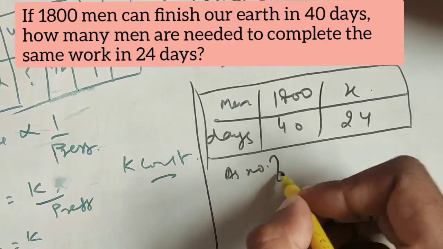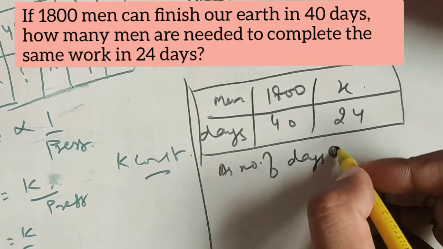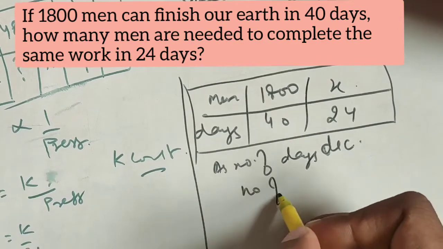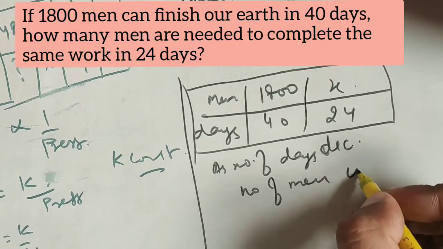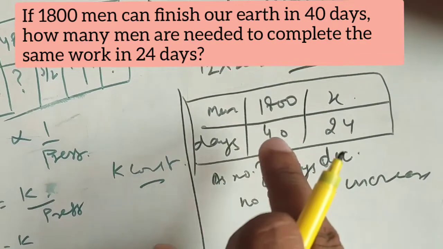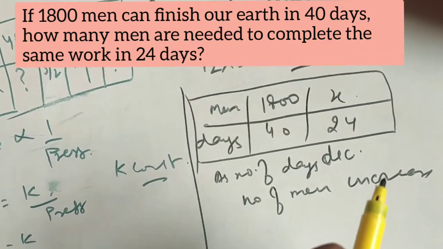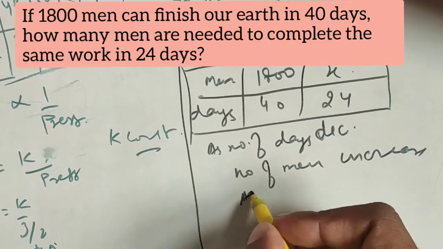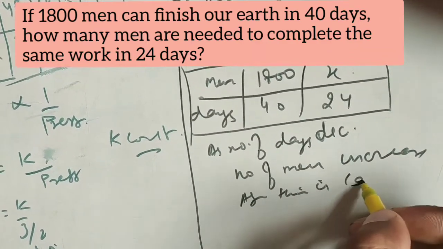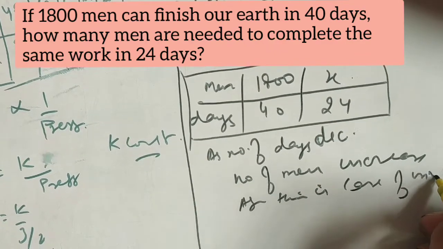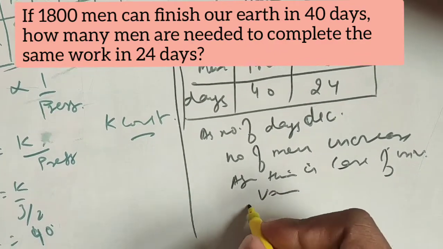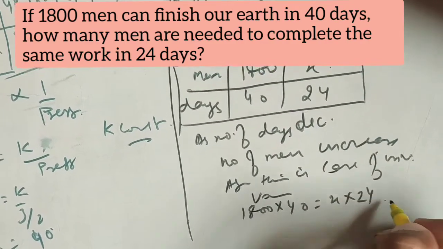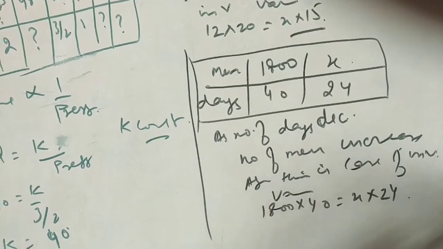As the number of days decreases, the number of people employed should increase. Firstly the work was done in 40 days, now they have to do it in 24 days, so it means the number of workers should be increased. So again this is a case of inverse variation, and now you can solve it. 1800 into 40 should be equal to x into 24. We can find out the value.